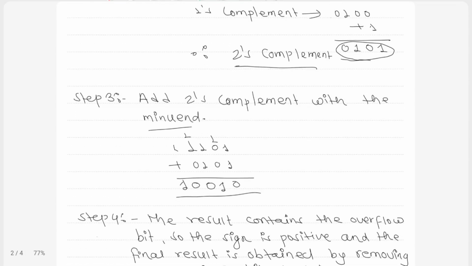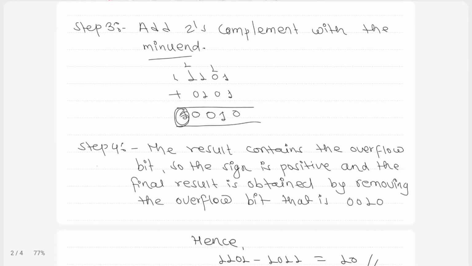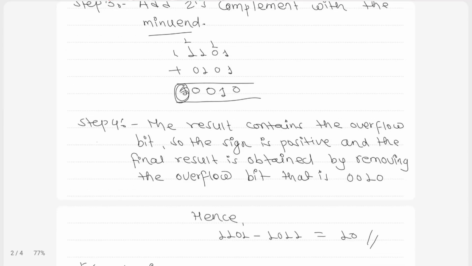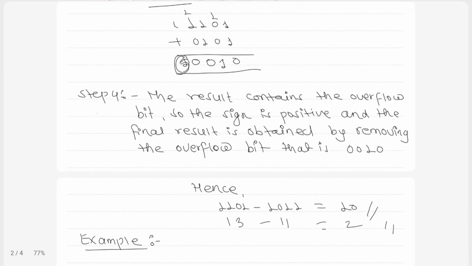The result contains the overflow bit, so the sign is positive and the final result is obtained by removing the overflow bit, that is 0 1 1 0 0 1 0. That means 2. That is 13 minus 11 is equal to 2. That's our answer.